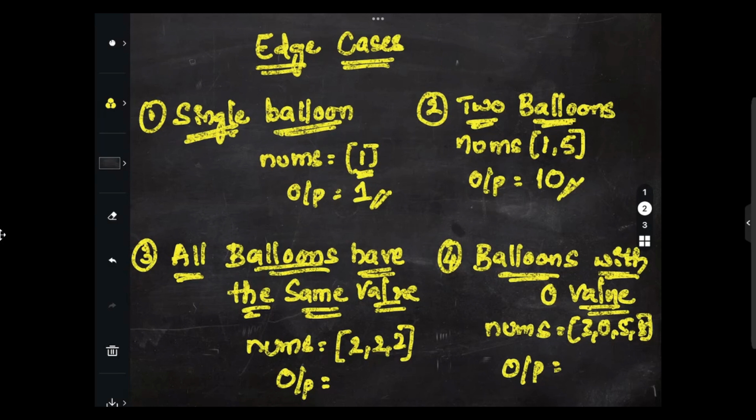The third one is where all balloons have the same value. Here you can clearly see 2, 2, 2. All balloons have the same value, right? This one still has to work optimally. Big numbers should work optimally.